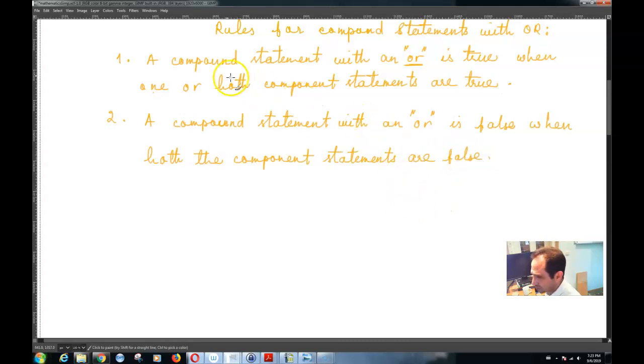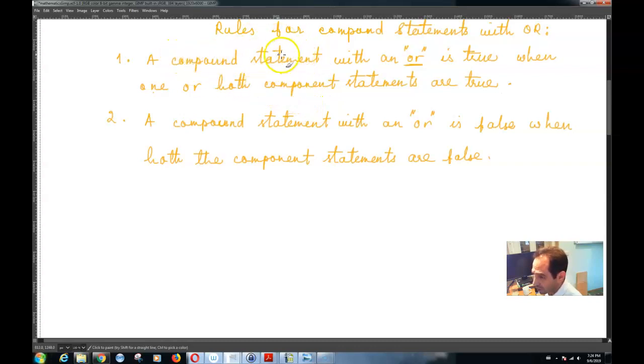So what that means is very simple, of course, but again, we will have to do a couple of examples and write out the component statements, and then we will be able to talk about that. Otherwise, we would just simply confuse ourselves.